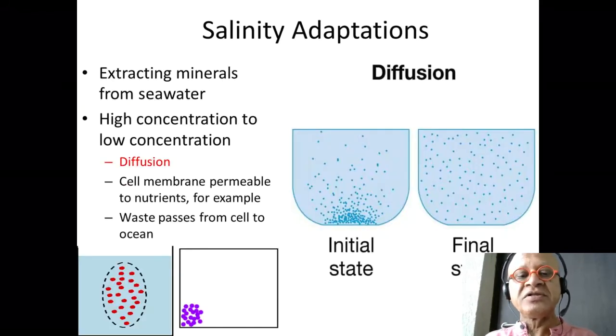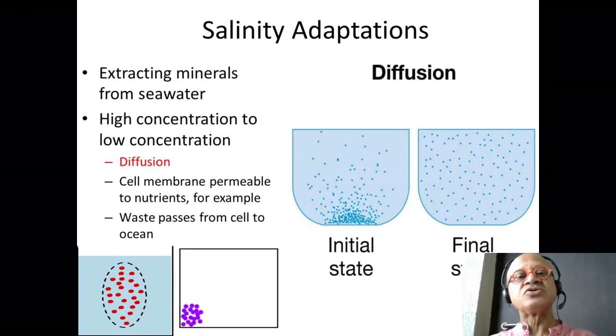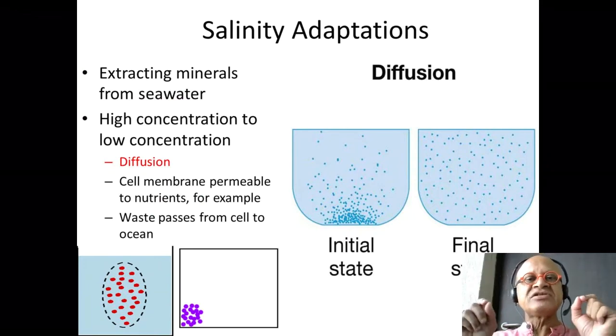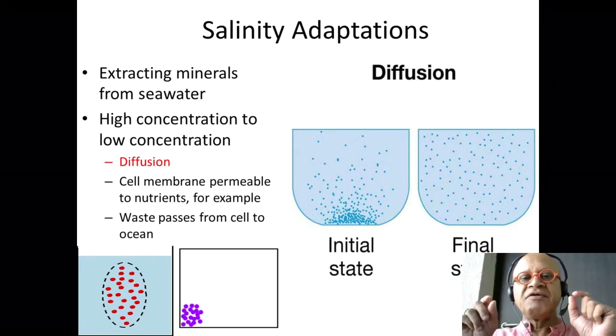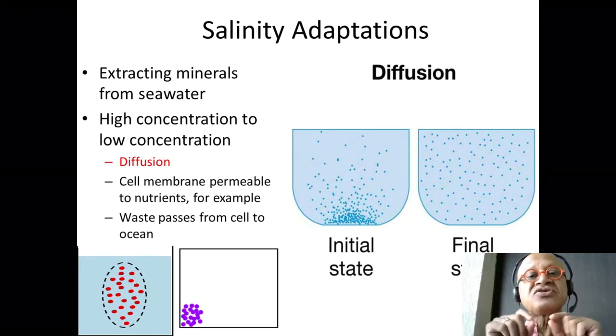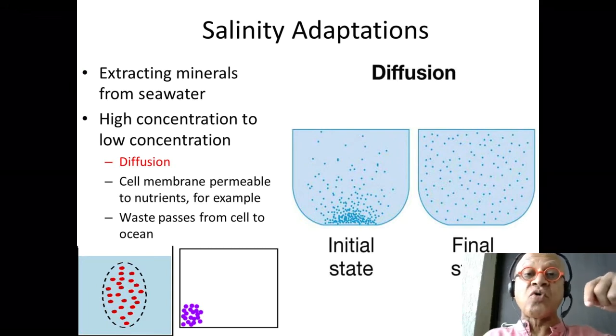stenothermal, eurythermal. The big adaptation required is to deal with the balance of osmotic pressure between the water in which they live and their body water. So two things happen. When you have concentration gradients in a fluid, like here you have an initial state, let's say you're trying to dissolve salt or sugar.